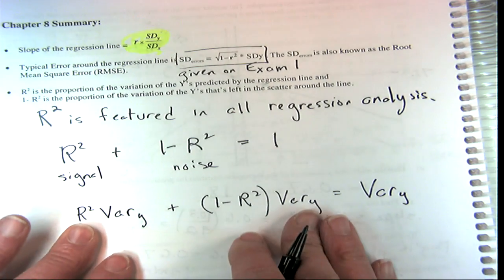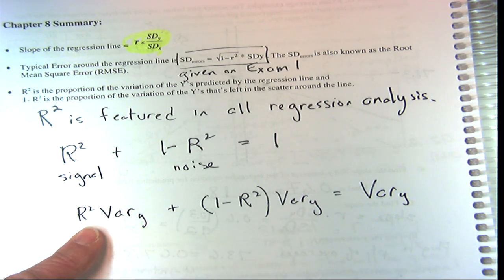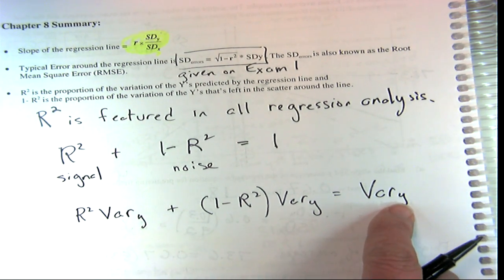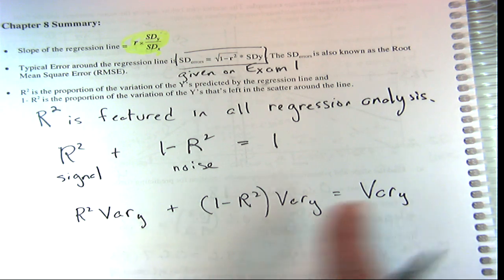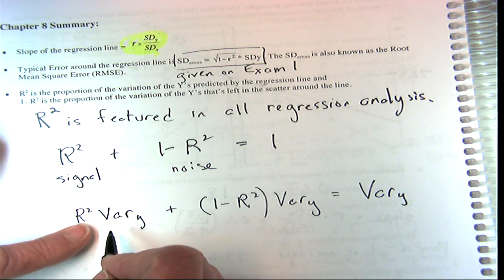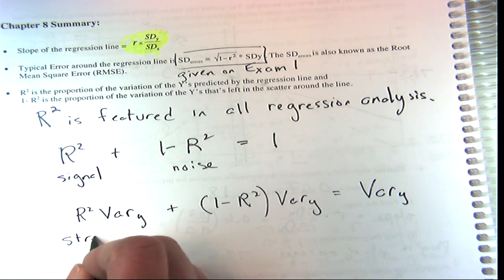This is basically how, when you do something called analysis of variance, you partition the variance of the y's, the spread of what you're trying to predict, into 2 parts. One indicates the strength of the model.